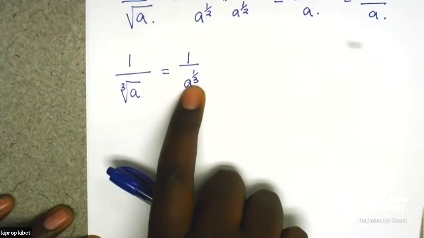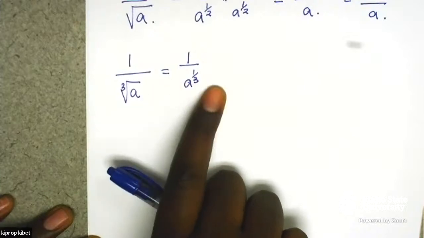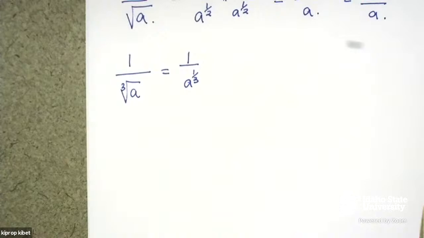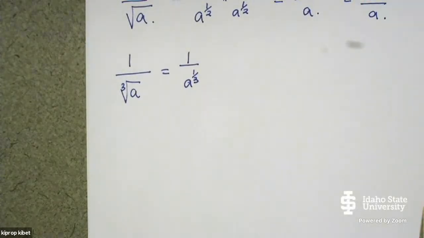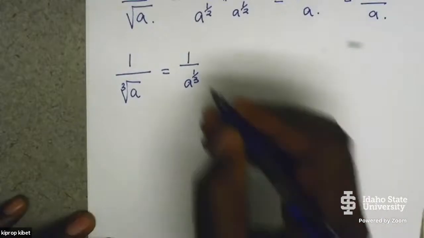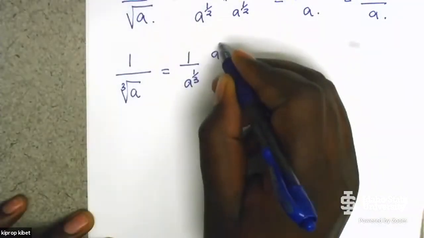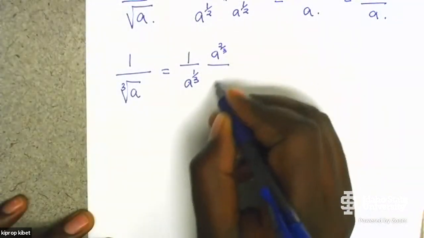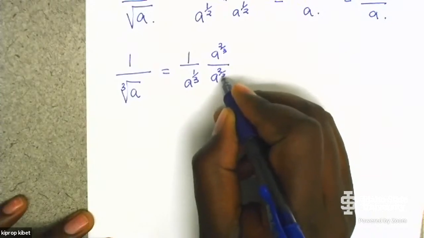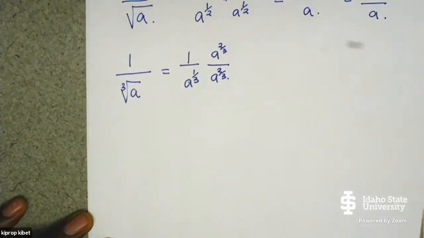To make sure the denominator does not have the radical, what will you multiply each one with? a raised to 2 over 3, all over a raised to 2 over 3.